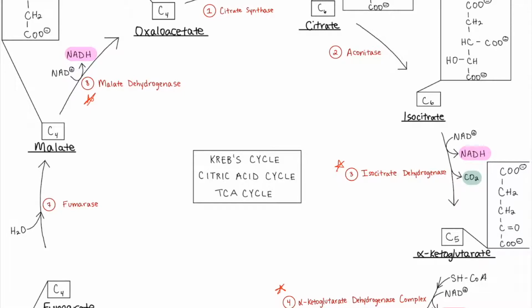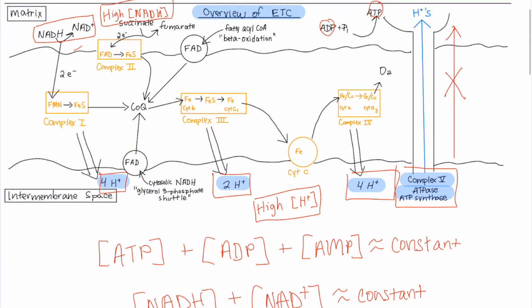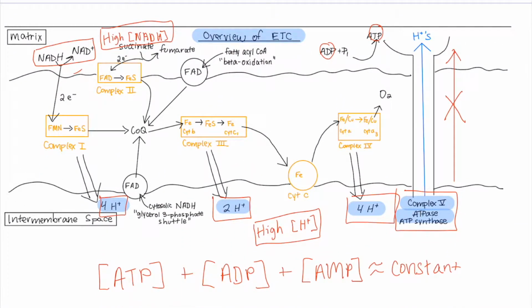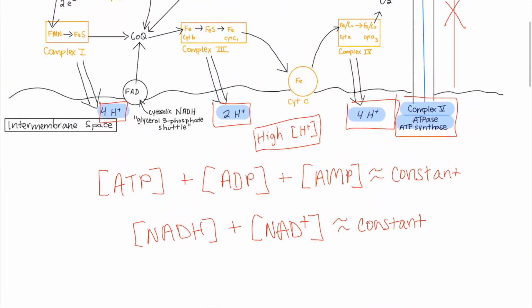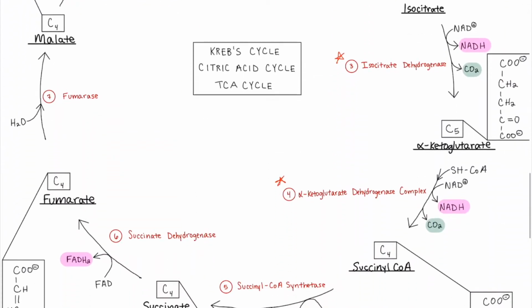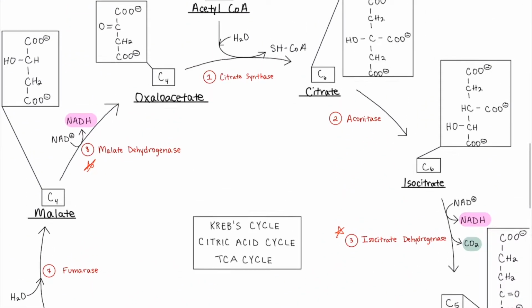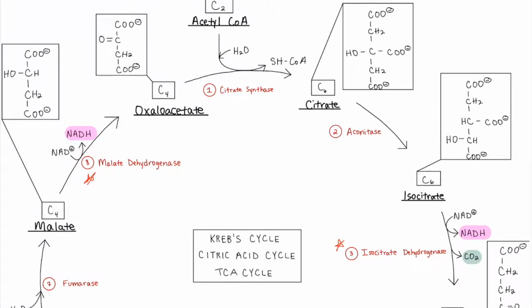Remember, this is happening in the matrix, and we just said we're going to have a high concentration of NADH in the matrix. Since the citric acid cycle and the high concentration of NADH are both in the matrix, we can rationalize how this will lead to a buildup of citrate.